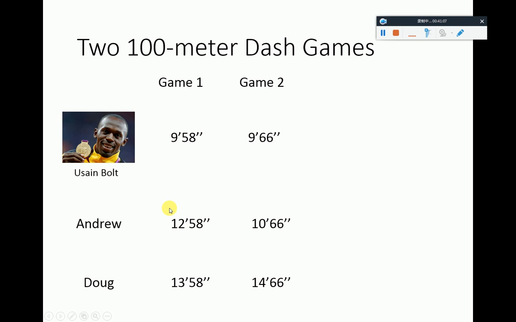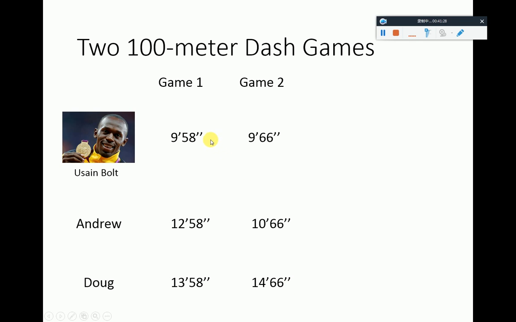So they have a second game. This time, Mr. Bolt was a little slower than his first performance, and Andrew indeed got faster. At the same time, Doug got slower.